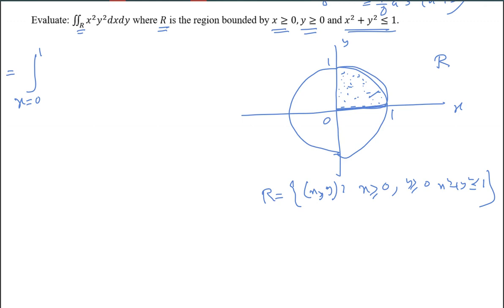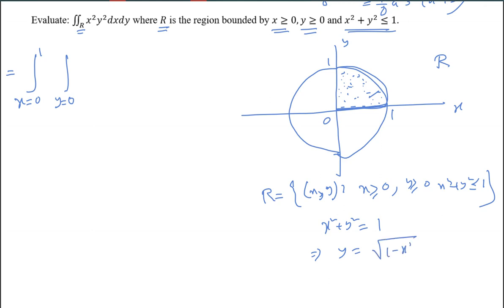I can represent this line as y equal to 0, and this curve, x square plus y square equal to 1, that is y equal to square root of 1 minus x square.